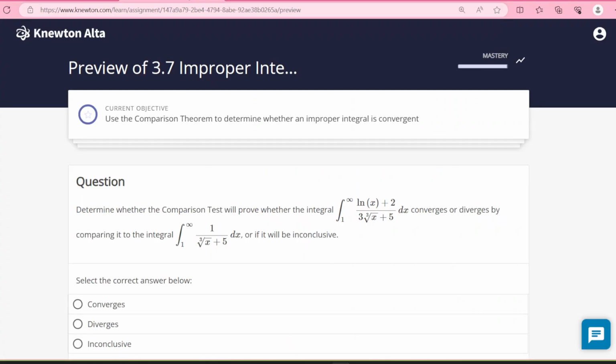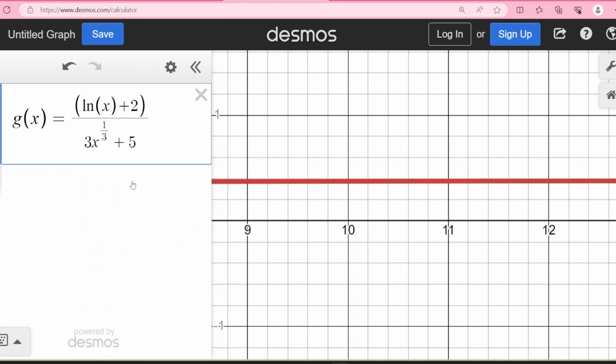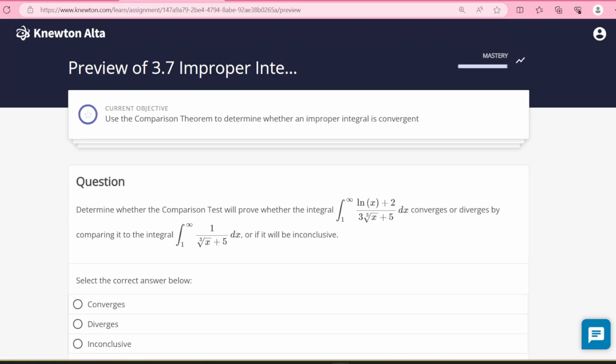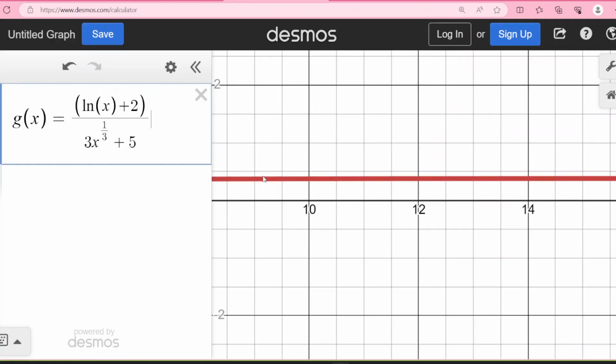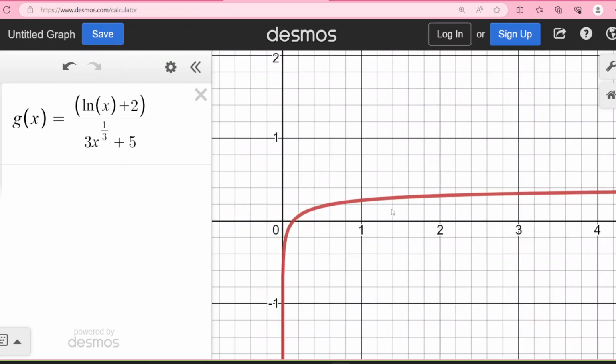Yeah, there was a 3 as a coefficient there. And we're going from 1 to infinity.